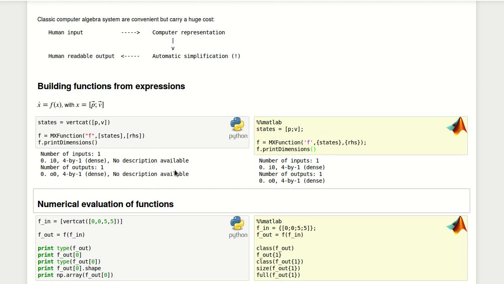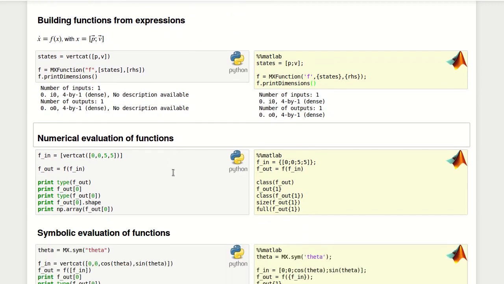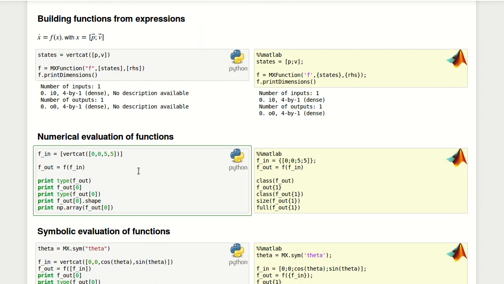Okay, so let's evaluate this function numerically. Let's say we want position 0, 0 and then velocity is 5 meters per second. With the vertcat, or with the MATLAB structure, you just create a numerical array. Let's wrap it in a list because we're going to evaluate with a list of inputs, or in MATLAB with a cell array of inputs.